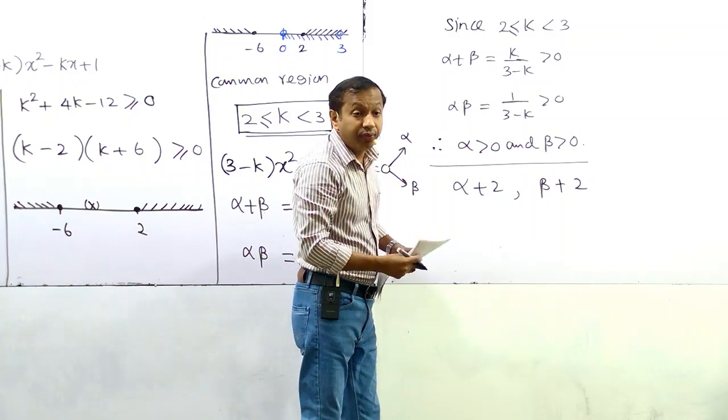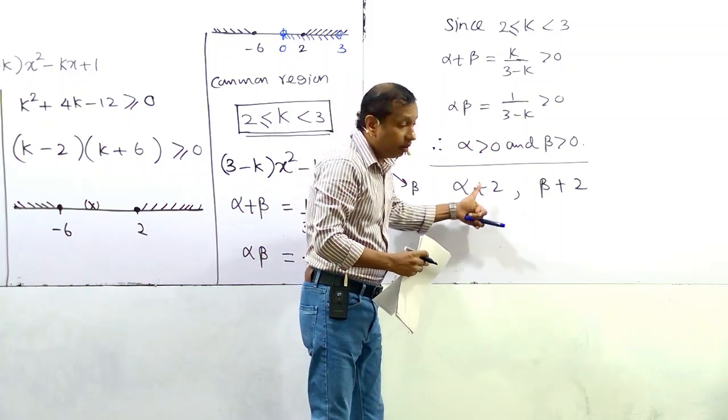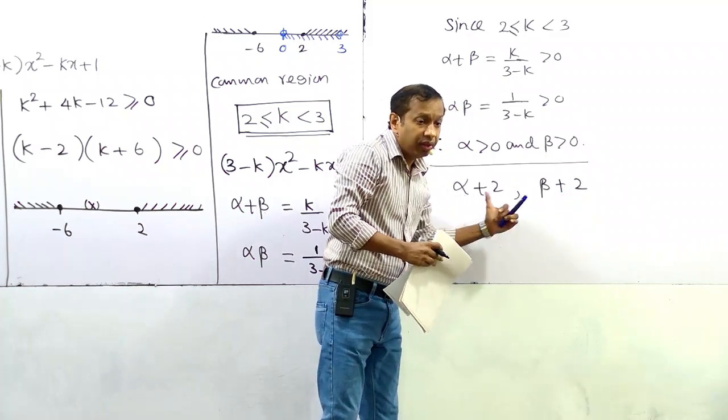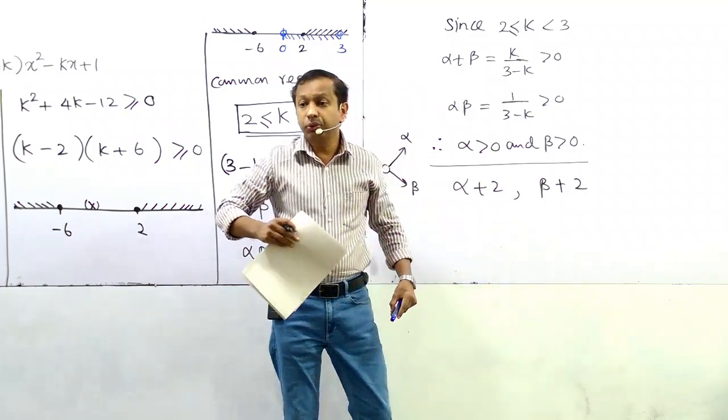What is meant by symmetric? If we replace alpha by beta in this root, the other root comes. If we replace beta by alpha in this root, this one comes. That is why we say these two roots are symmetric.